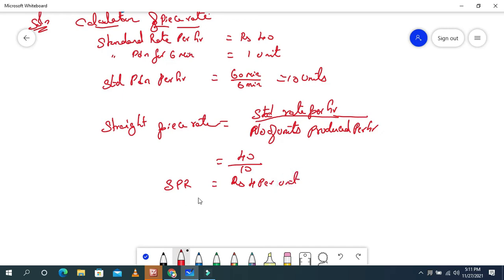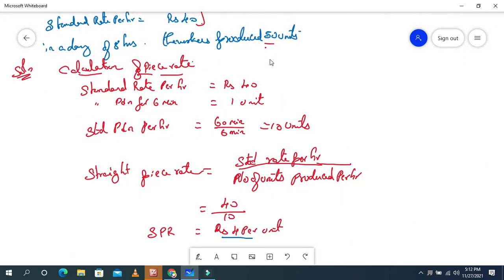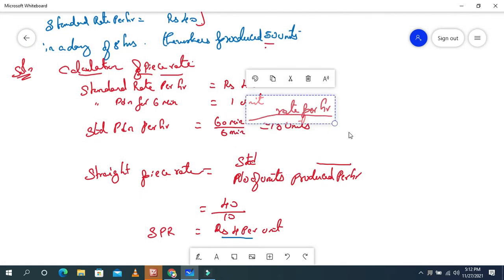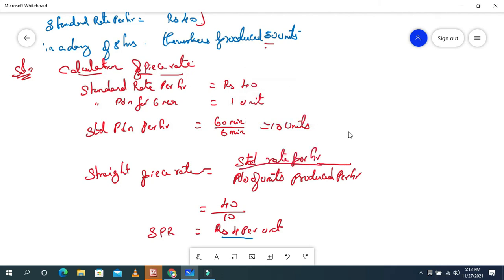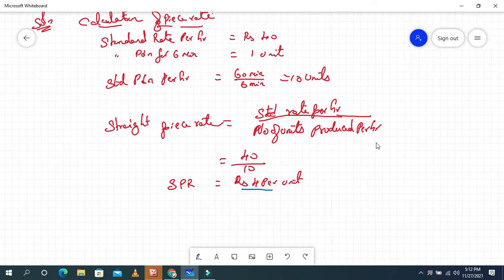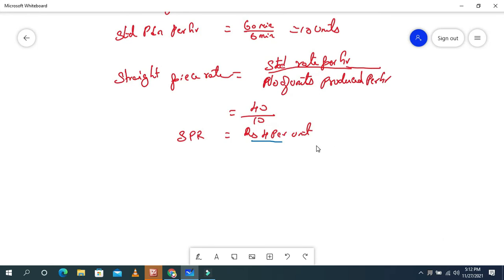So now we got the standard piece rate, and we know the number of units the worker produced. The number of units produced is 50 units. So now we are going to calculate earnings.